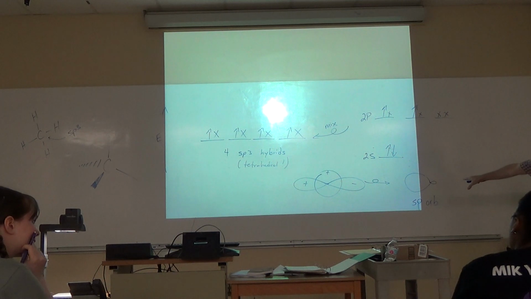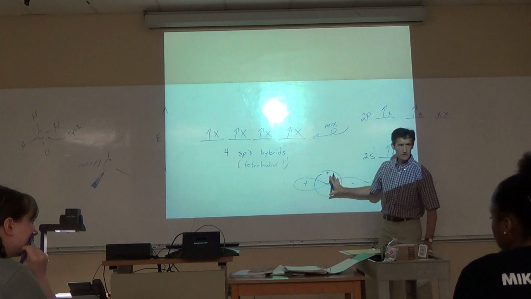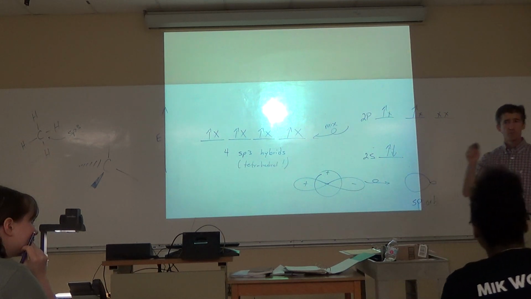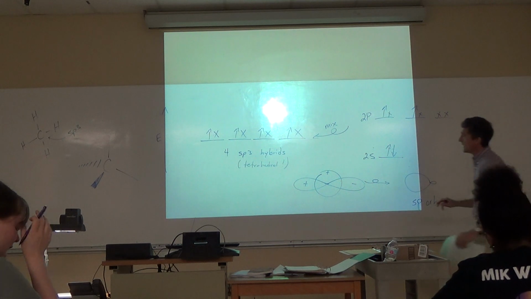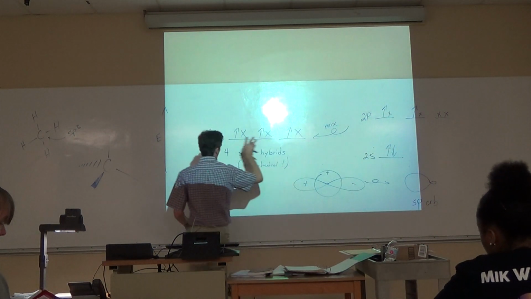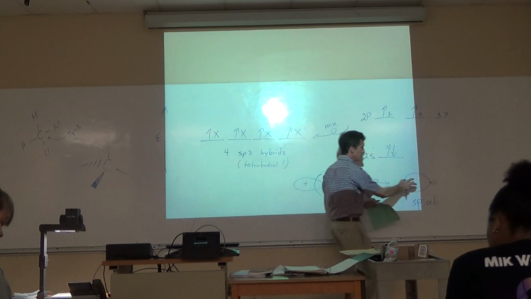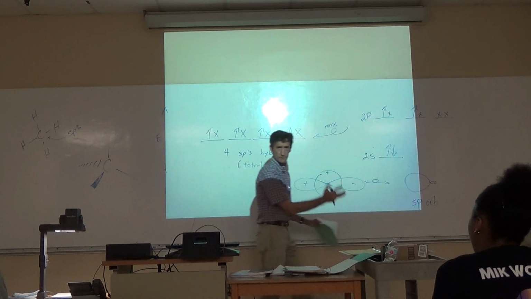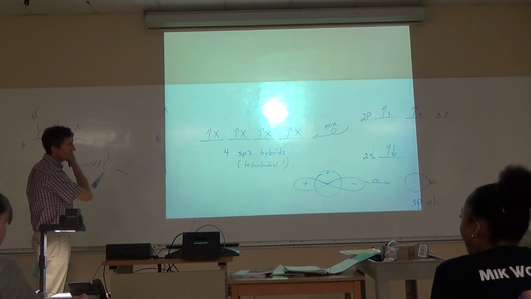Does that make sense? It's much harder to draw an sp3 because I'd have to draw 3 p's mixing with this one s. On the very back page of the handout, we'll see them. The important thing is the relative comparison: how does this compare to maybe an sp3?